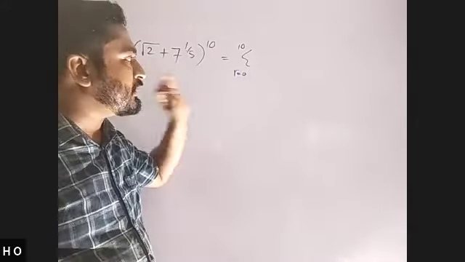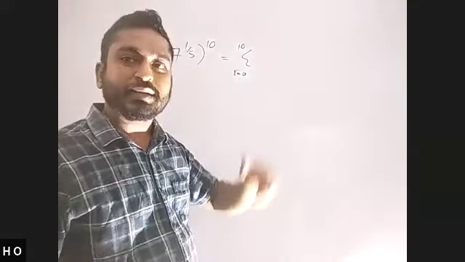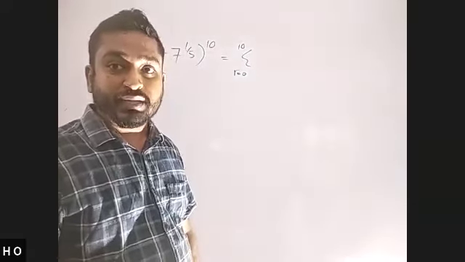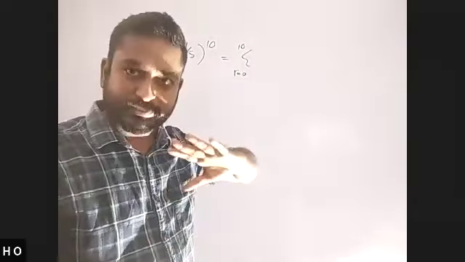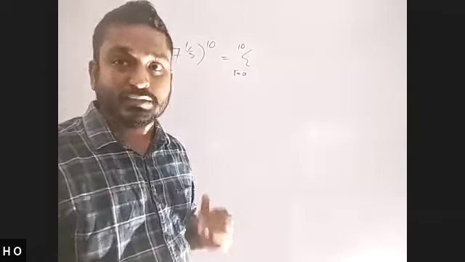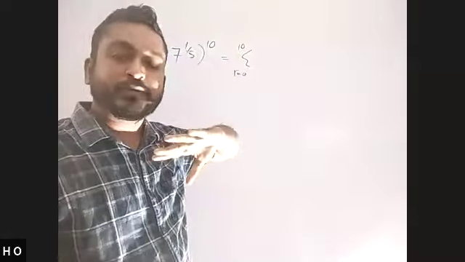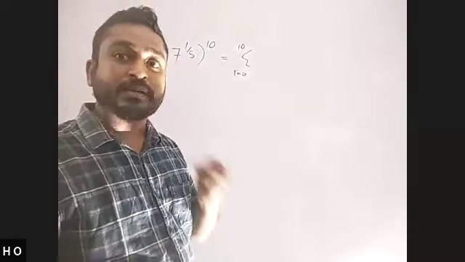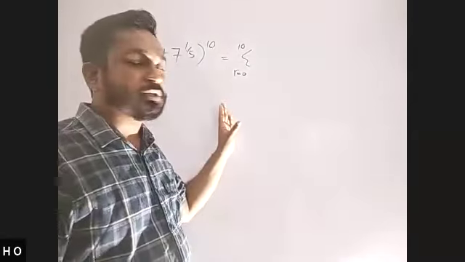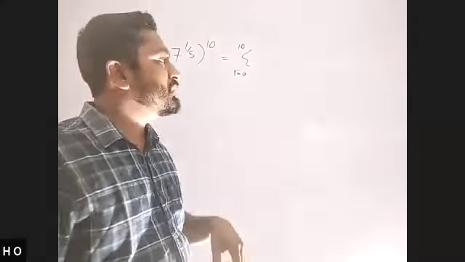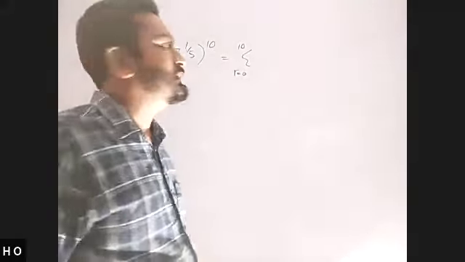Usually for sigma we start with r equals 1 as we deal with positive integers. The first term is going to be t1; there is nothing like t0. So we start with r equals 0 to 10 because we have to have 11 terms, and the general term is considered to be t(r plus 1). When you substitute r equals 0 you get t1, and when you substitute r equals 10 you get t11.